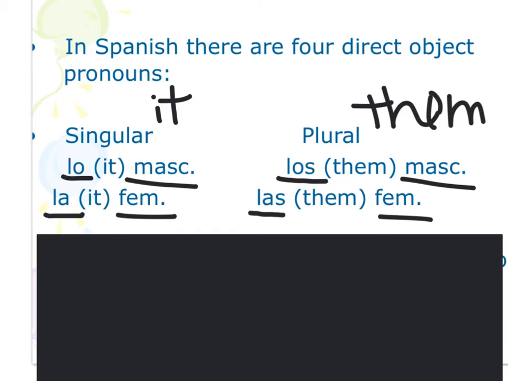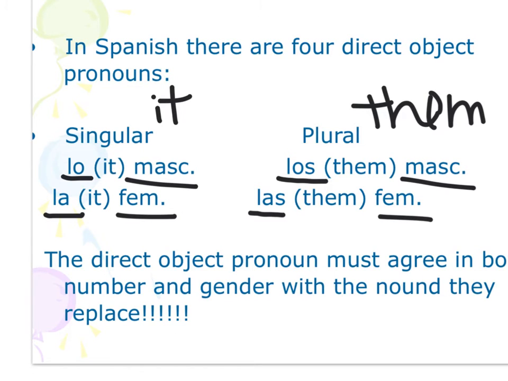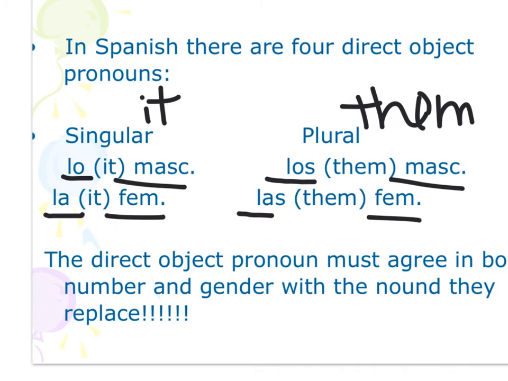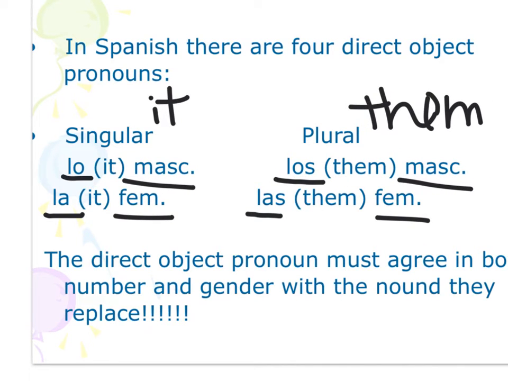If we would say I have it, then el bolígrafo is masculine and singular, so you would use the direct object pronoun lo. Your direct object pronoun must agree in both the number, singular or plural, and the gender of the noun that is being replaced.